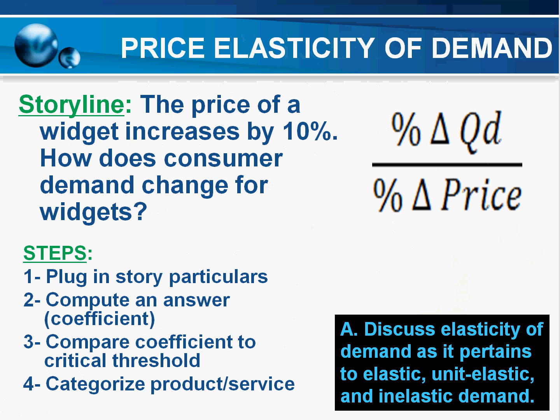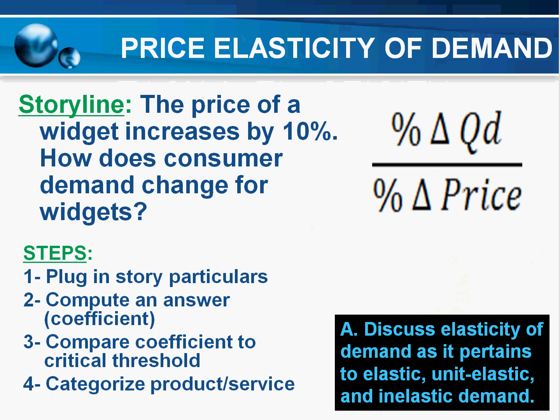For each of the equations that we are to use for this task, you should follow specific steps that are delineated here. The first step is to plug in the story particulars. This is where you introduce some specific numbers into the equation. Following which, step 2, you should compute an answer. The answer is also the coefficient.